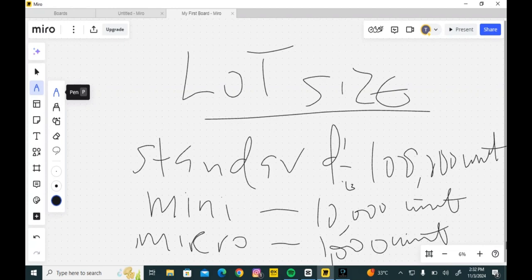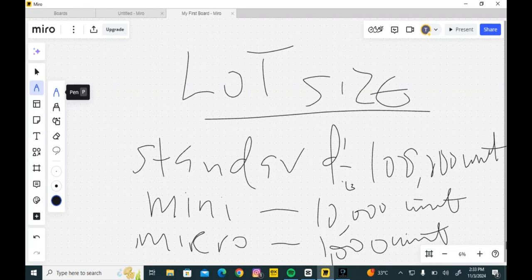All right, these lot sizes are used to measure the quantity of trade. How would I explain this? Okay, so for instance, the lot size determines the amount of profit you make or the amount of loss you make. The higher the lot size, the higher the profit or the higher the loss.